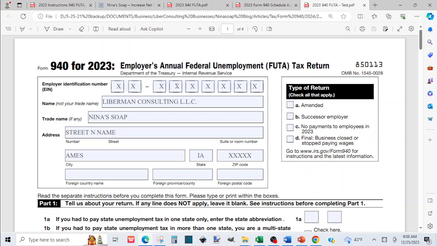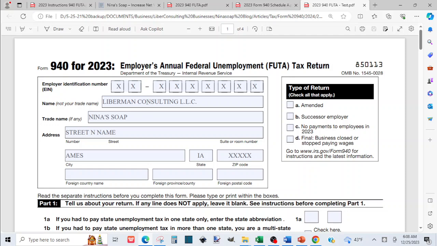Again, the best way to find that is on the SS-4 form or the record you have of the EIN application you submitted to the IRS. If you are a sole proprietor, chances are it's going to be your own name and the business EIN number.